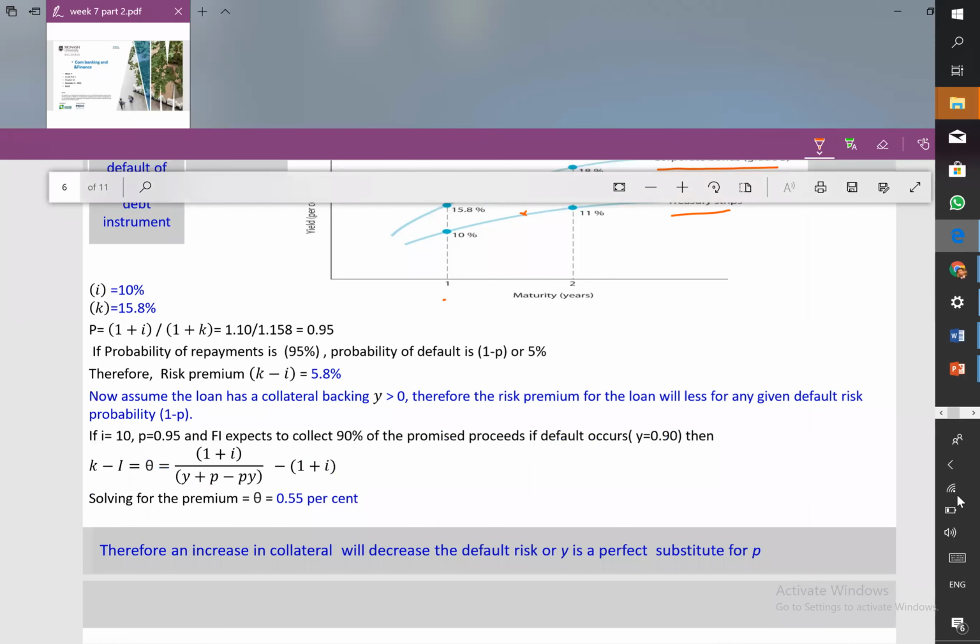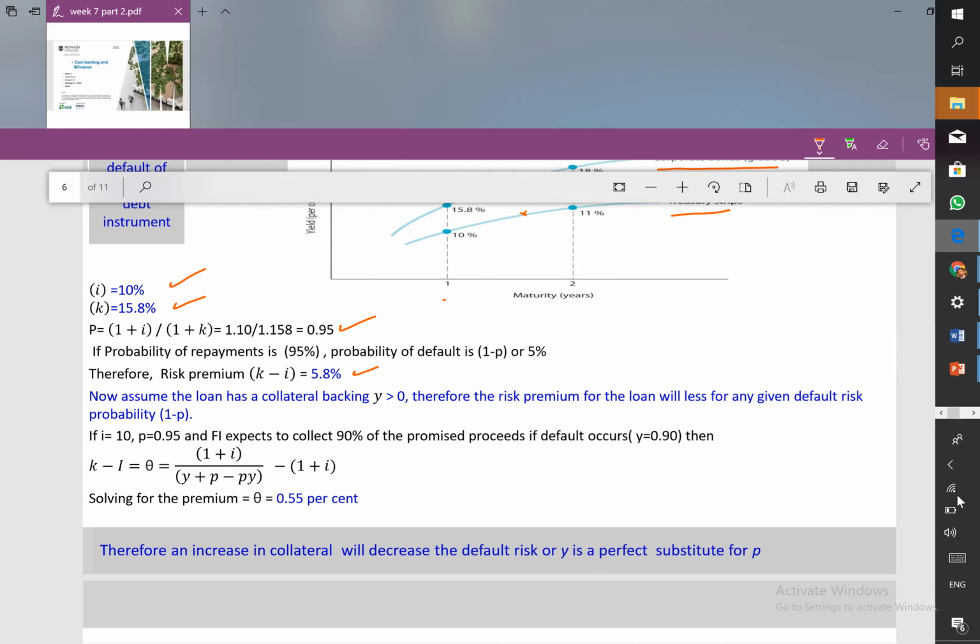And there is nothing to do in this slide. It's just telling you when it is 10%, and this is 15.8% the K, then we can calculate the probability of payment for 95. I think I have talked about all of this and told you this premium can be 5.8 without collateral.